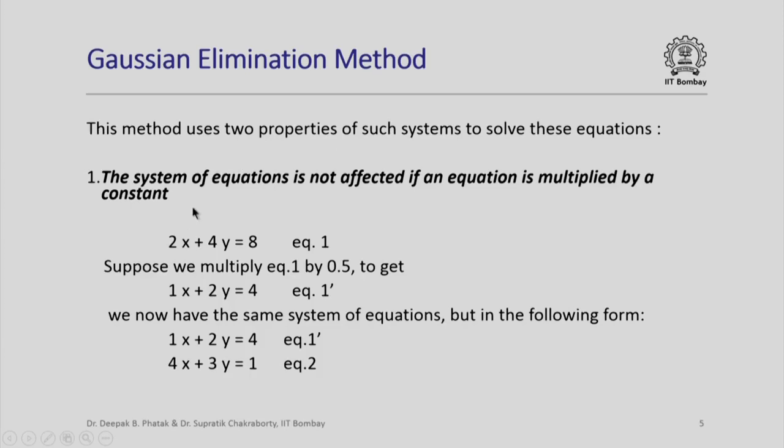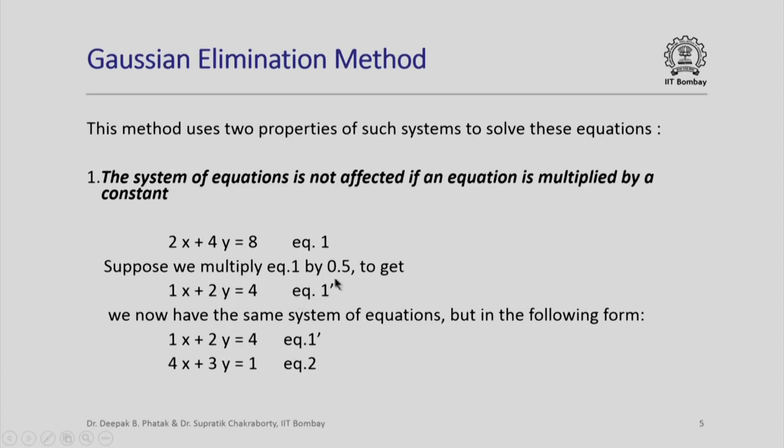The first, any system of equations is not affected if an equation is multiplied by a constant. What it means is, if I have 2x plus 4y equal to 8 as an equation, and if I multiply it by any value, say 0.5, to get 1x plus 2y equal to 4 as equation 1 prime, both these equations actually mean the same thing, and therefore the total system of two equations does not change at all.